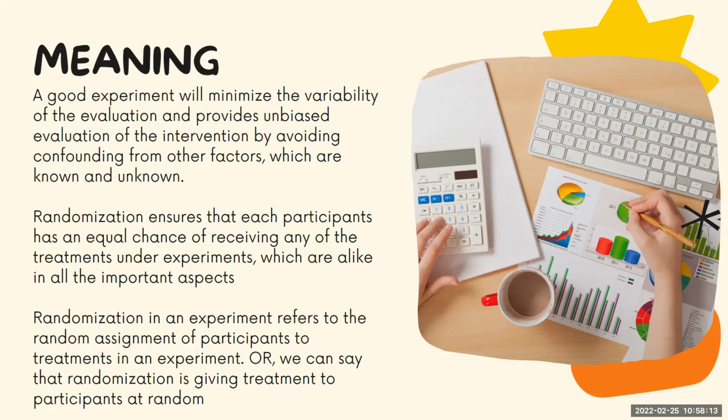Randomization in an experiment refers to the random assignment of participants to treatments. Or we can say that randomization is giving treatment to participants at random, so everyone has an equal chance.